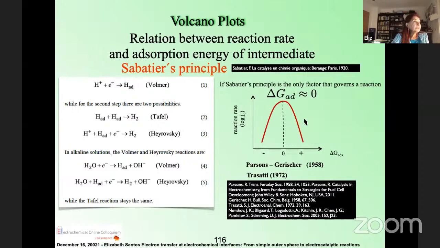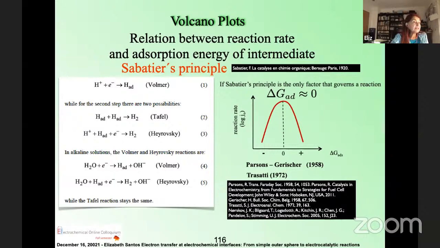And this principle was later, in the 50s, taken up by Parsons and also by Gerischer, and they tried to find a correlation between the adsorption energy and the activity of reactions.